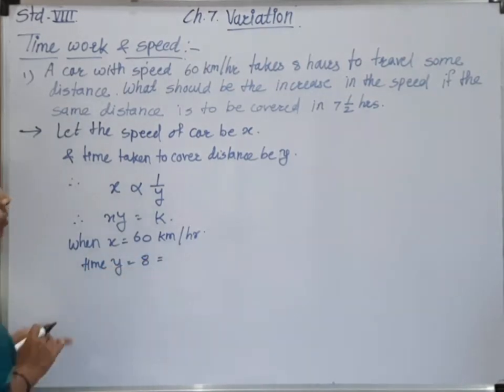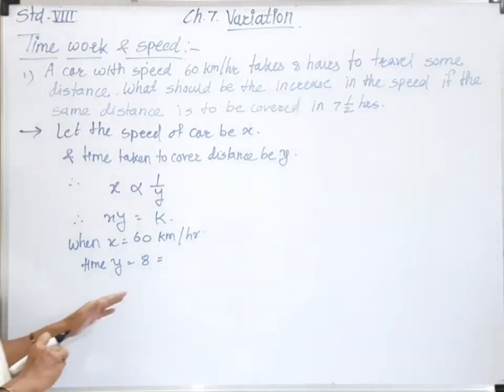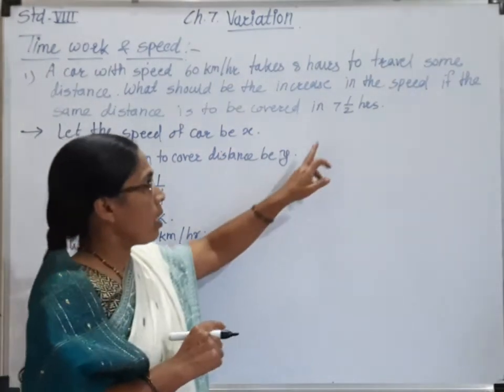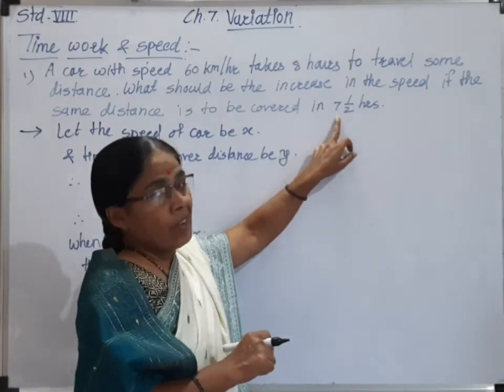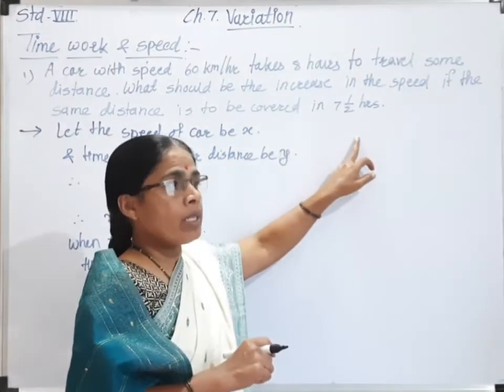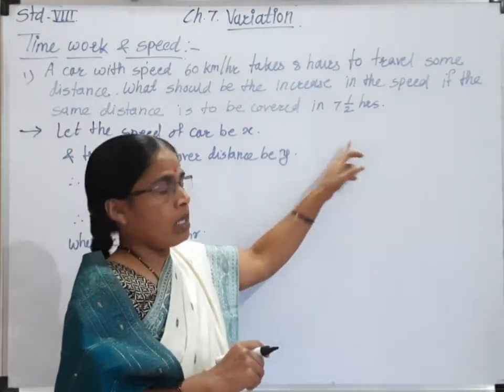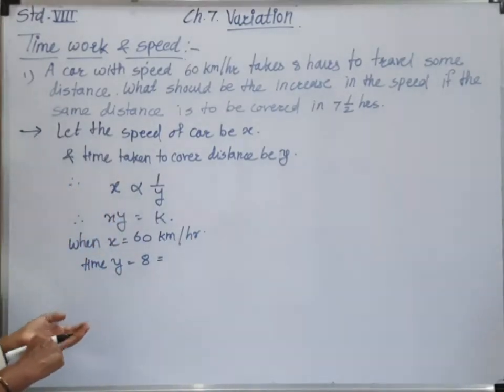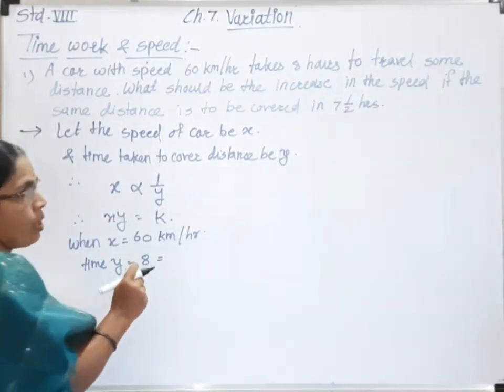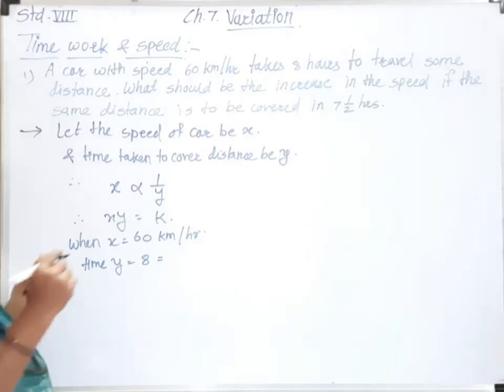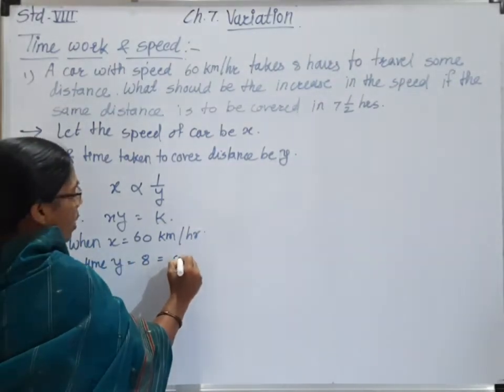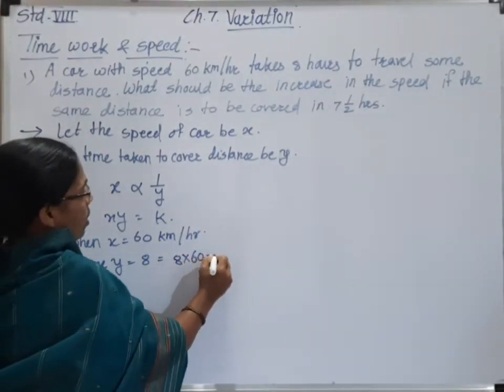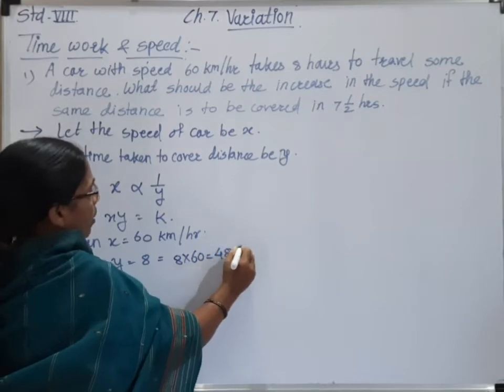We have to convert these 8 hours into minutes, because the second time given is 7.5 hours, which means half an hour, that is 30 minutes. That's why we convert these hours into minutes, and as we know, 1 hour is equal to 60 minutes. So 8 into 60 is equal to 480 minutes.